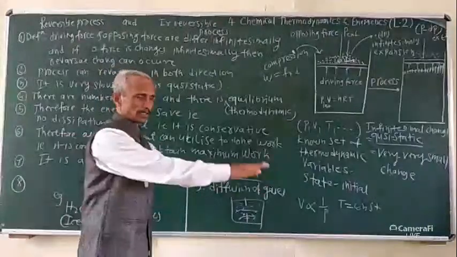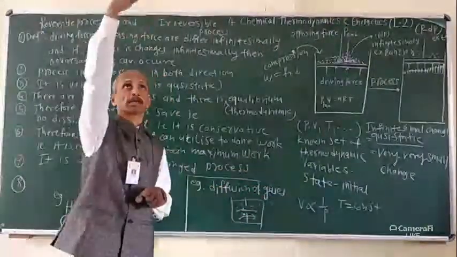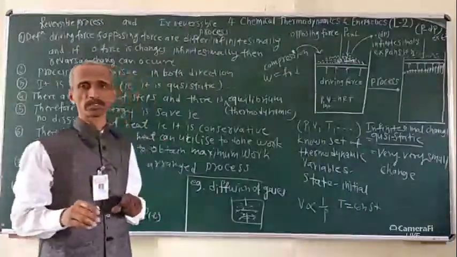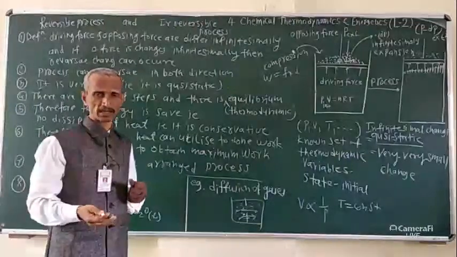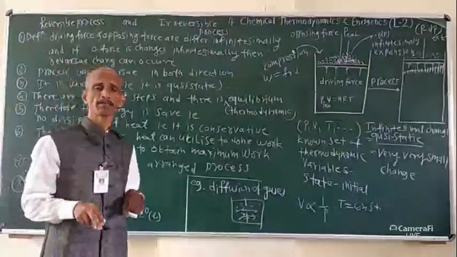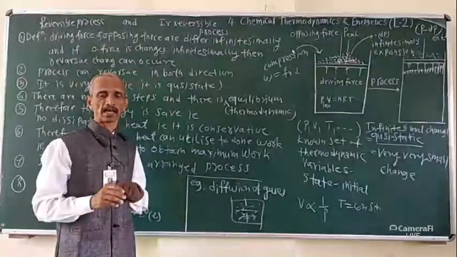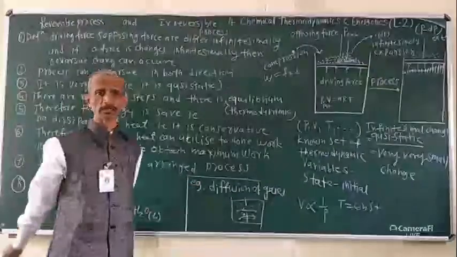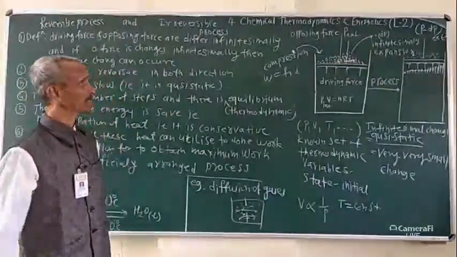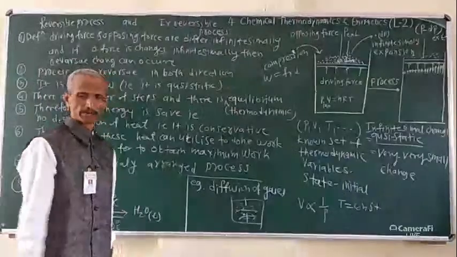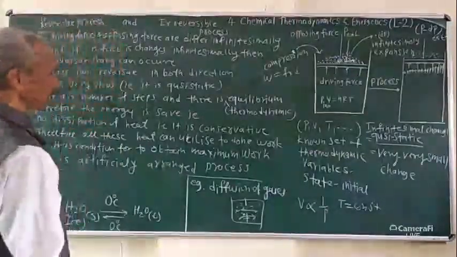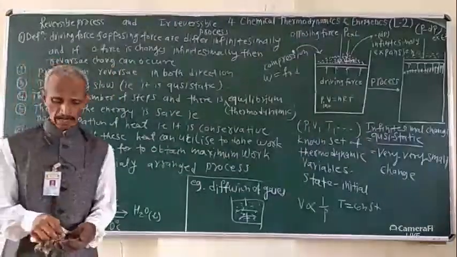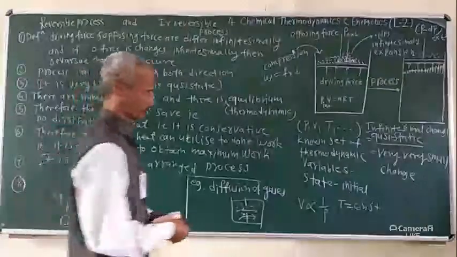Nitrogen is heavier, so it would be at the bottom; hydrogen is lighter, it would be above. It does not happen because the diffusion process is an irreversible, spontaneous process. Naturally occurring processes are generally spontaneous ones. They cannot be reversed. They are fast, and there is energy loss taking place. So maximum work cannot be obtained in such processes. Okay. So here we are going to study the next type of processes, that is the thermal and adiabatic type of processes. Okay.